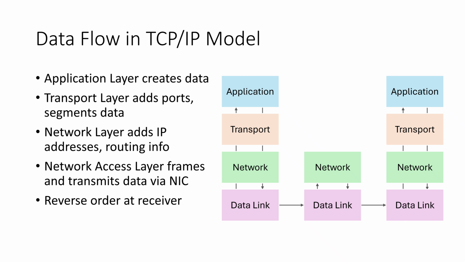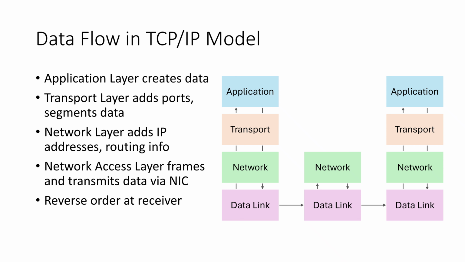Next, the internet layer wraps this segment into a packet by adding IP addresses for the source and destination along with routing instructions. Then the network access layer frames this packet and physically transmits it through the network interface card. The NIC converts the data into electrical, optical, or radio signals to travel through the physical network medium.